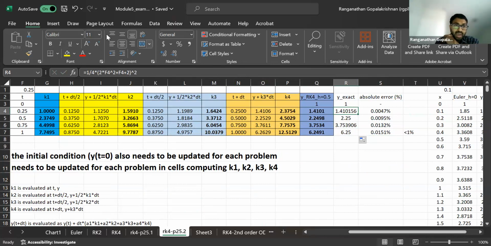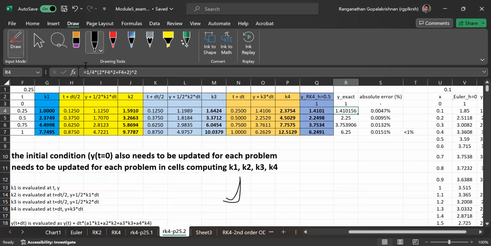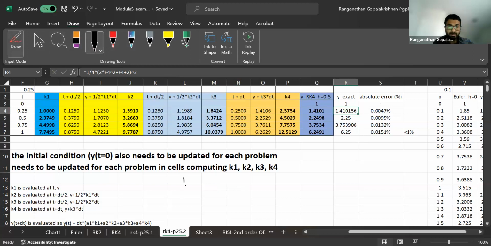The analytic solution that I'm getting is y. I might just as well type it.